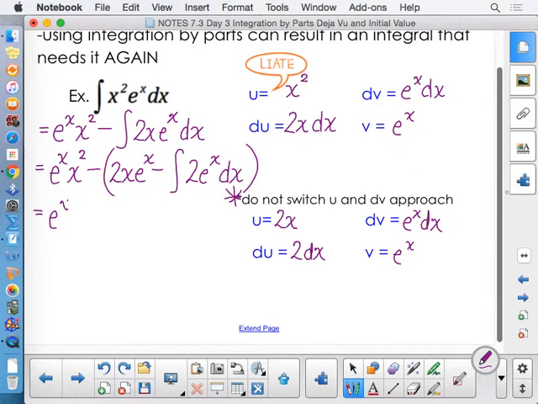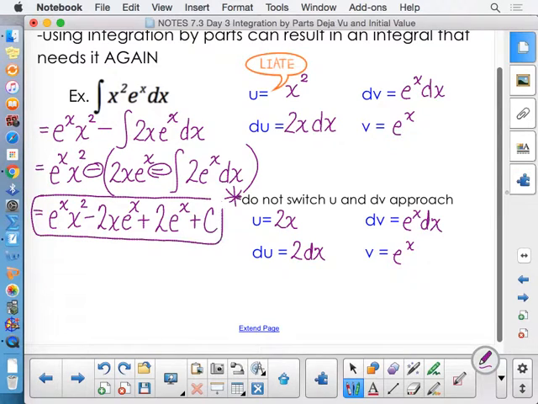So my final integral value for the entire thing, subtract that 2x e to the x. And when I go to do the integral here, I'm going to bring that 2 out front, but I've got to subtract here and a subtract here to distribute. So I'm going to add 2e to the x, and then our constant, so that we have our final integral.